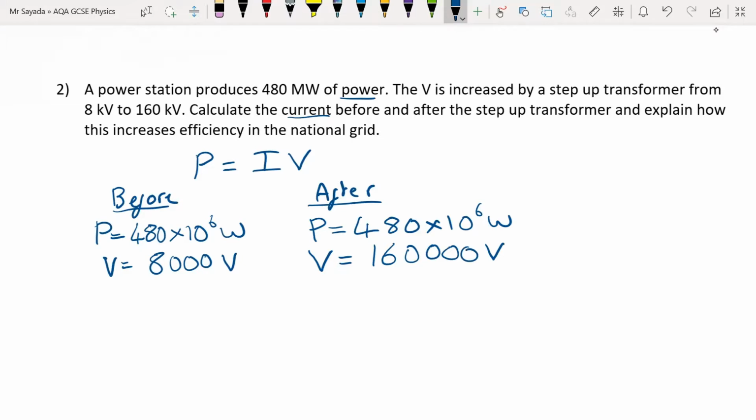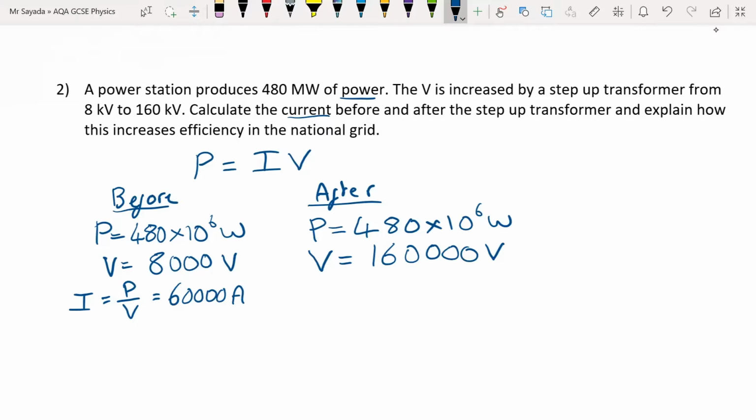So in each case, we can work out the current by just doing the power divided by the voltage. So I'm going to do that for both. So 480 times 10 to the 6 divided by 8,000. That gives 60,000 amps. Now that's just a silly number of amps. That's far too much.